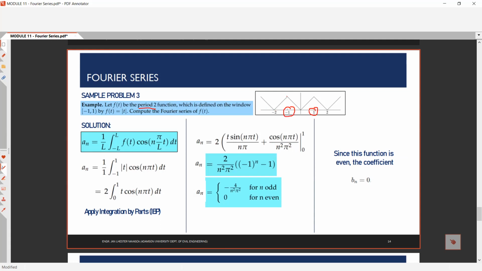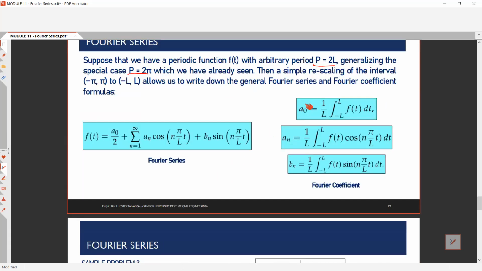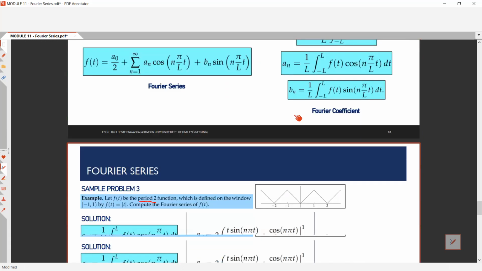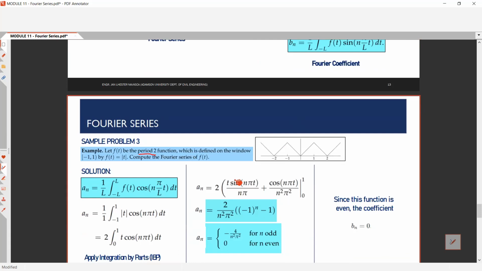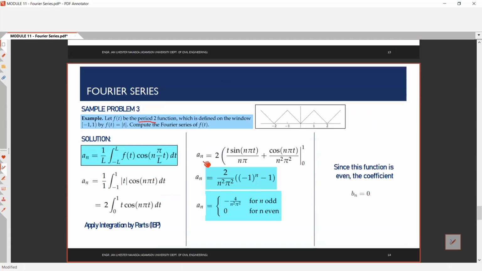Yan yung period niya. Okay? So going back dun sa formula, solve lang natin a sub 0, a sub n, and b sub n. You just need to solve for these coefficients. Gawin muna natin yung a sub n.